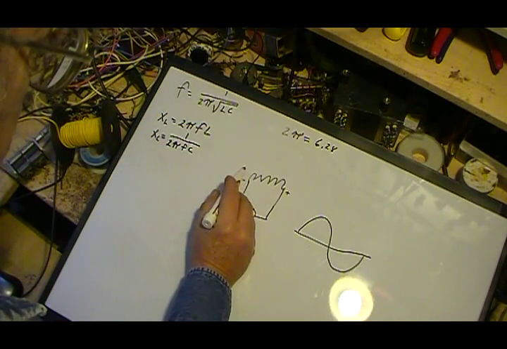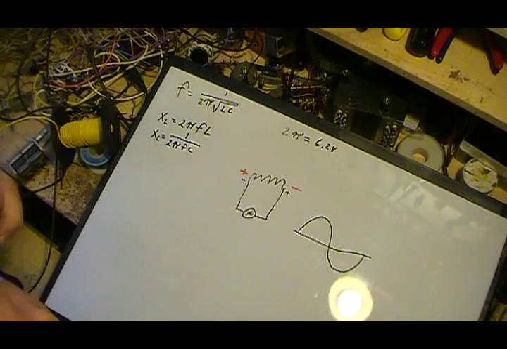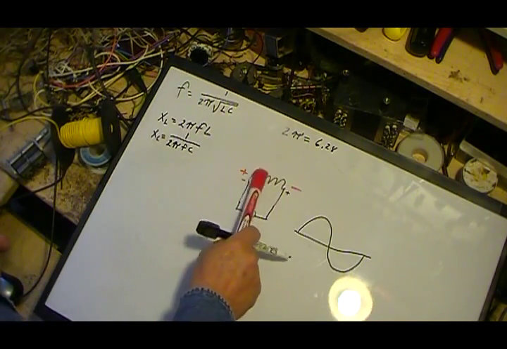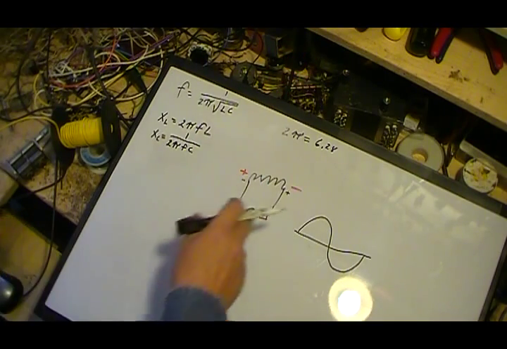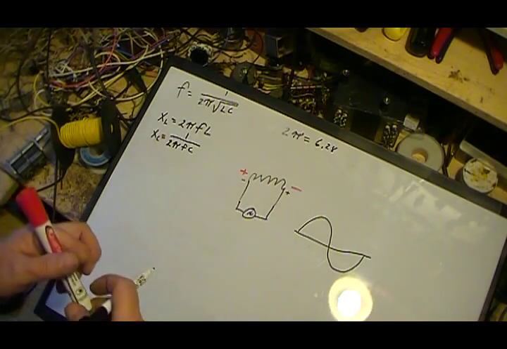So it's trying to produce this. Well, you ever tried hooking two batteries up and letting them fight each other? They don't like it. This one here, the red, the counter EMF, is opposing the other one.